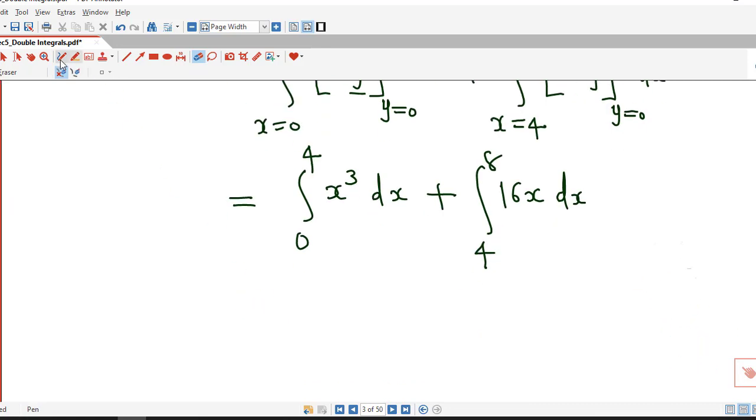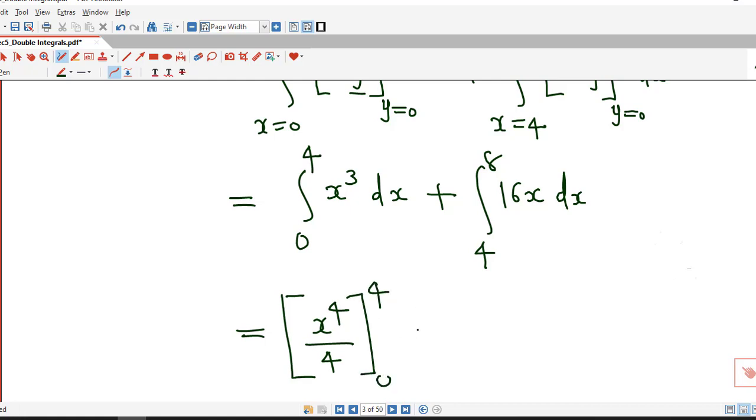Now the integral of x cubed is x to the power 4 over 4, with limits from 0 to 4. The integral of x is x squared by 2, and the 2 will cancel out, so we have 8 times x squared, where x is from 4 to 8.